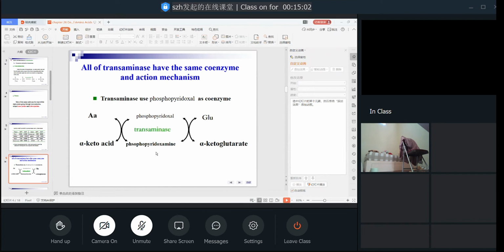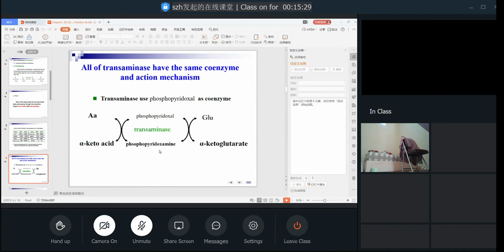And it accepts the amino group and produces the phosphopyridoxamine. And furthermore, from the cofactor, it removes the amine, chooses another alpha ketoglutarate, and produces the glutamate.